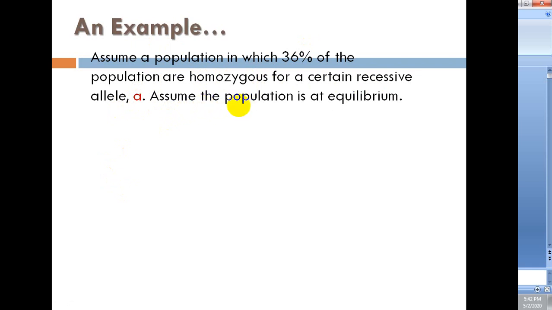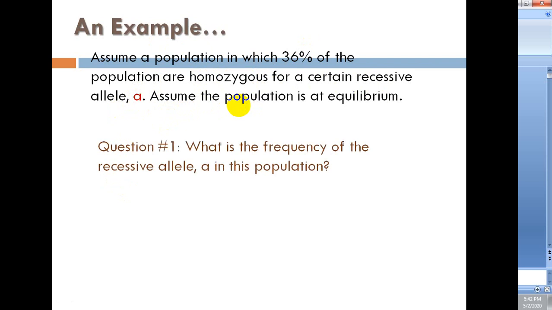If the homozygous recessive is 36%, what is the frequency of the recessive allele?